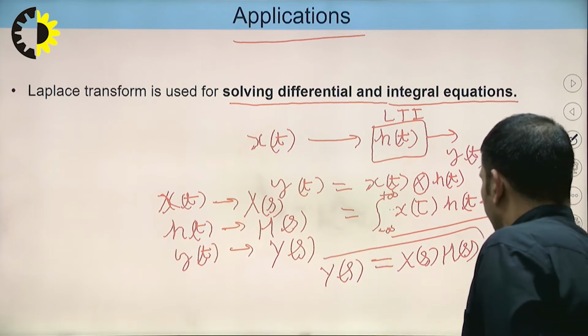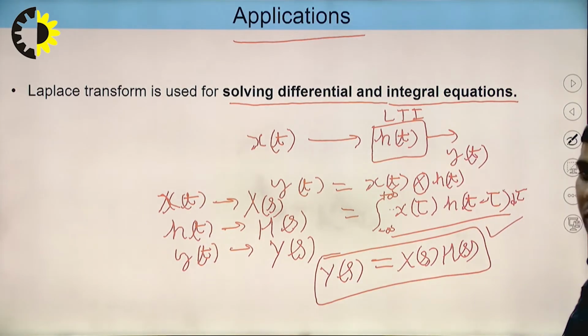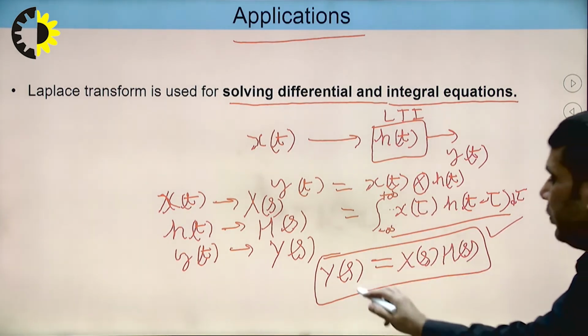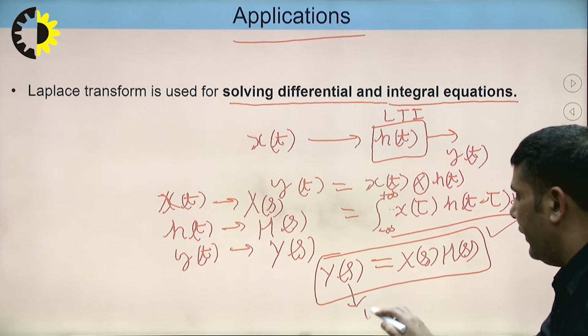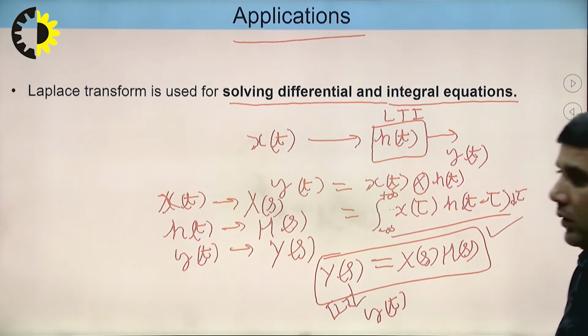Okay, so this is a simple equation. You can see here this is simple multiplication. Then we find out the inverse Laplace transform to get yt. So here we apply inverse Laplace transform, which we will discuss in a coming video lecture.